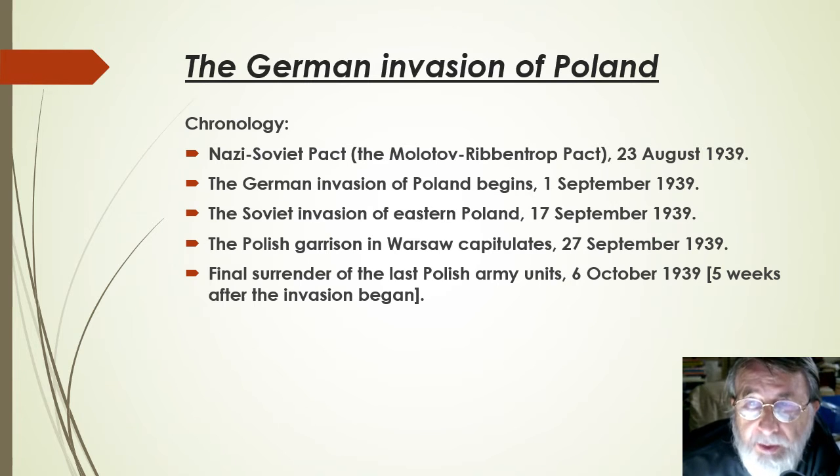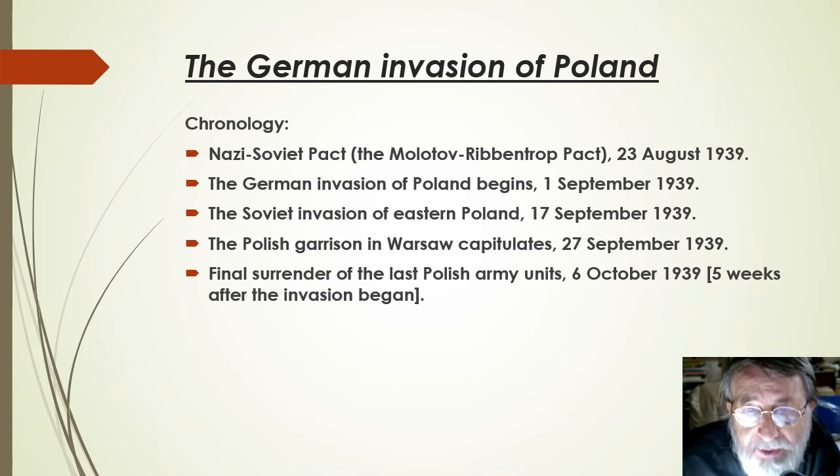This is the basic chronology of events. We begin on the 23rd of August 1939 with the Nazi-Soviet Pact, also called the Molotov-Ribbentrop Pact, by which the Soviet Union and Nazi Germany agreed to divide Poland between them. Then on the 1st of September, the German invasion of Poland began, and on the 17th of September, the Soviets invaded eastern Poland, which extinguished any hope the Poles might have had for survival.